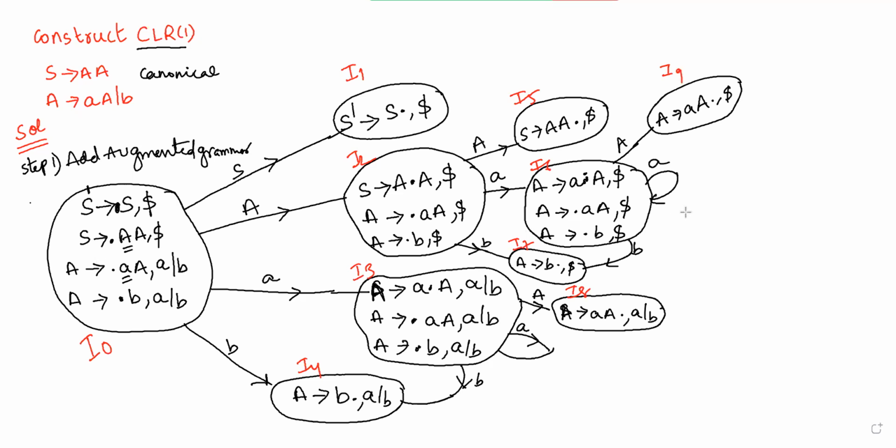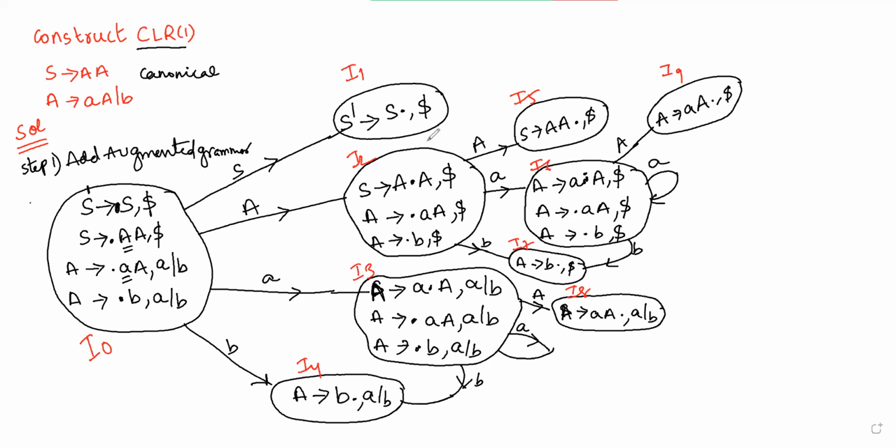First let me write the productions. So the values are I0, I1, I2, I3, I4, I5, I6. First you write all the productions in sequential manner.